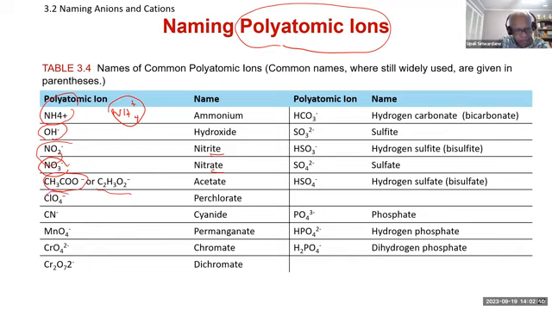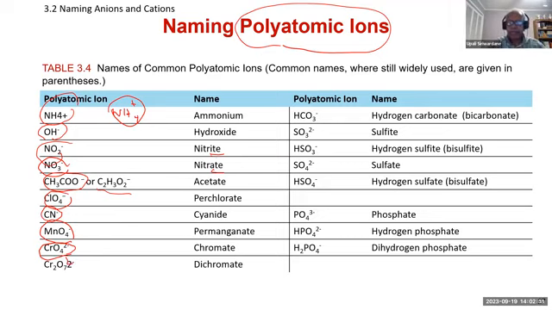Perchlorate is ClO4 negative. Cyanide is CN negative. Permanganate is negative 1. Chromate is negative 2.